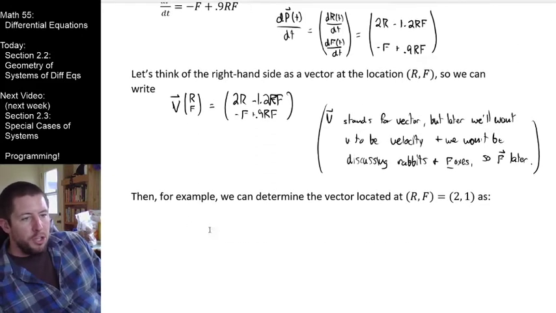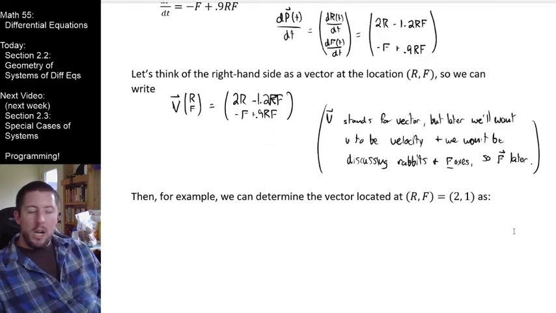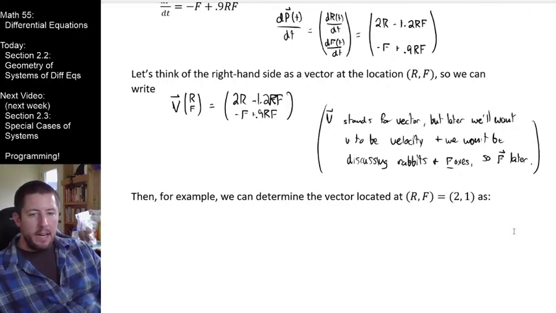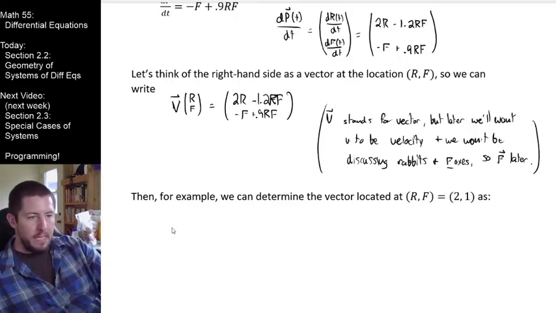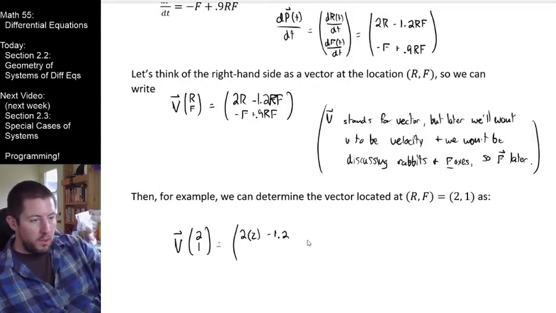So the thing that we can now do is talk about what the vector should look like located at a certain location, right? So if we are at the location rf being 2, 1 in the phase plane out there, then I should be able to write this as the vector 2, 1. rf is 2, 1. And I can go ahead and evaluate what we're going to get right here, right? This should be 2 times 2 minus 1.2 times 2 times 1.